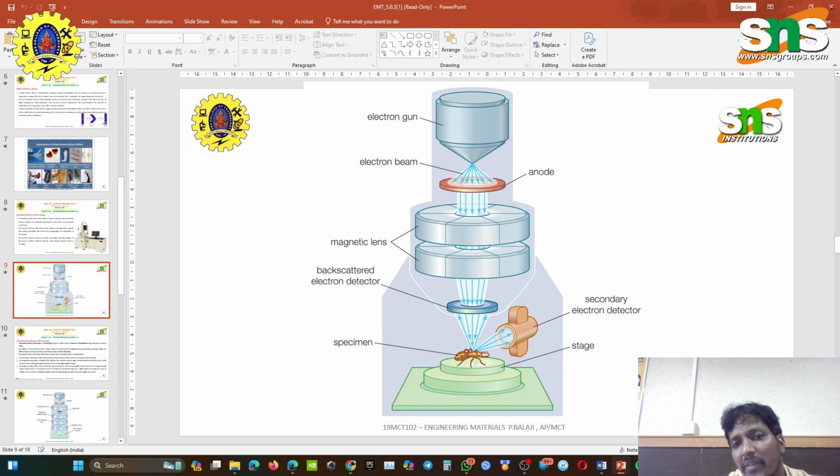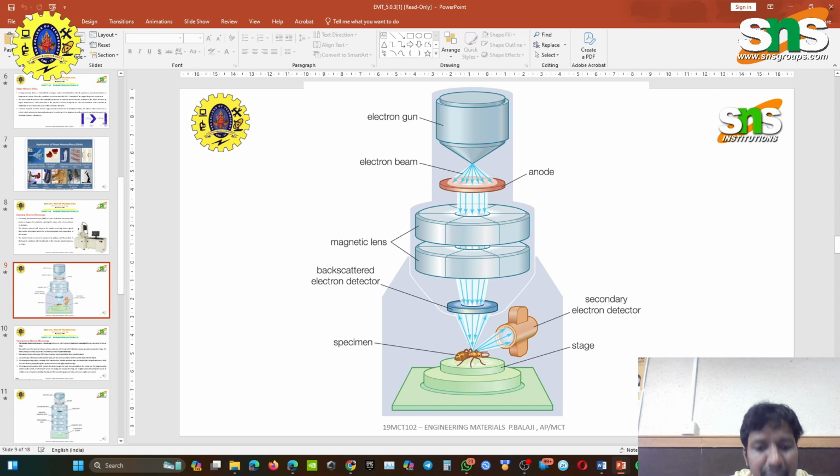As I already said, the electrons interact with the atoms of the material, and this gives the internal images and topography of the material. The electrons interacting with the atoms within the sample produce various signals that can be used to obtain information about the surface topography and composition, and it gives real time images on an external monitor using software.